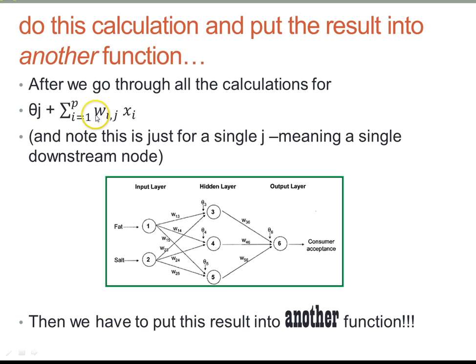This is going to calculate what goes into what node, by the way. See if you understand this notation. This is going to calculate what's going into which node. What? The jth node. Right?